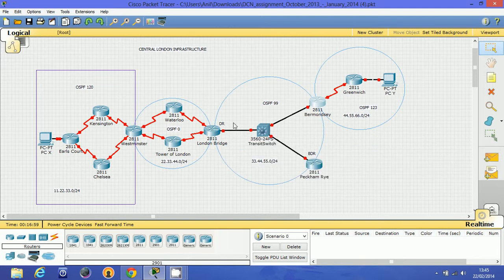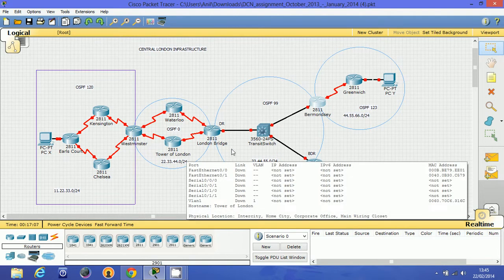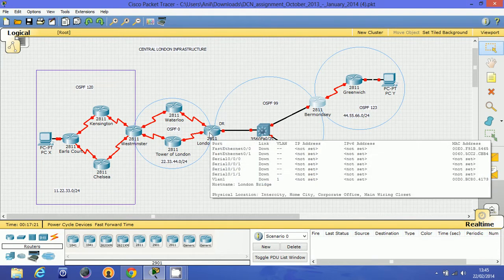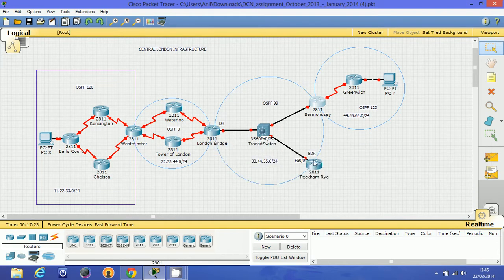This designated router will collect the information of other routers in this area and advertise it to other areas. Sometimes the designated router fails. Then the backup designated router will carry out the responsibility of the designated router. And how do we elect the designated router?